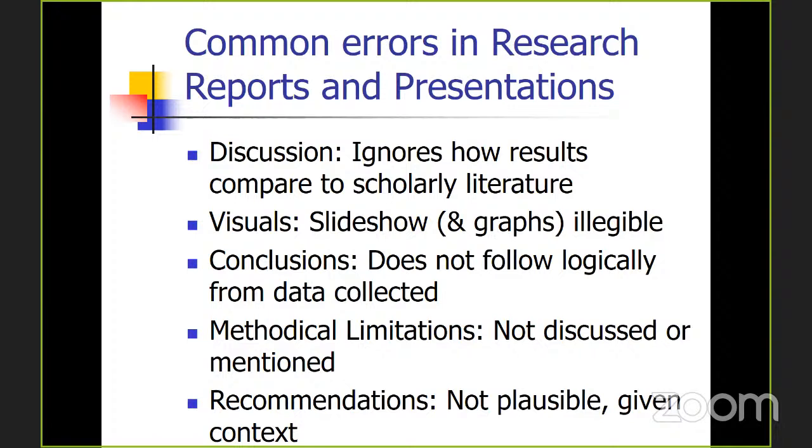Can anybody tell me why, based on that method, there could be a problem with that result? Nobody? Let me give you one example.